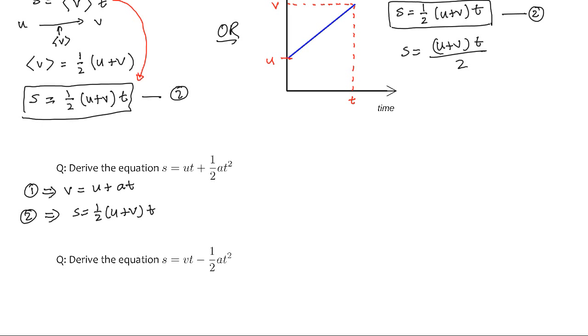Now what I do is I know that v is equal to u plus at, so in the second equation I substitute for this v this quantity u plus at. Let me highlight what I'm doing. I'm taking this quantity and putting it into this quantity. So what I get is S is equal to half (u plus at).